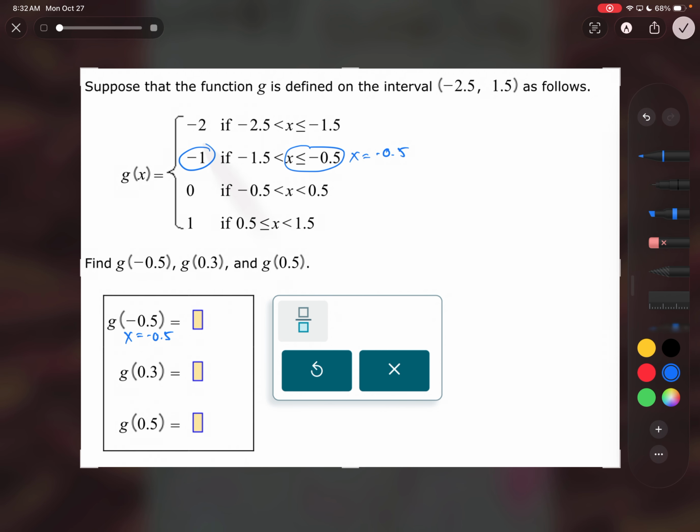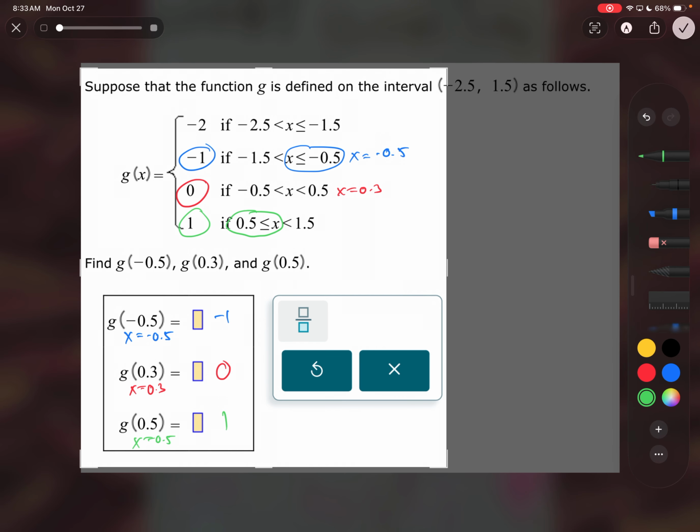So my answer is just -1. This one, x equals 0.3. That would be this one right here. So my answer is 0. This one is 0.5. So that looks like this right here, right? x equals 0.5. So my answer is 1. Okay. You've got to figure out which one to plug it into based on those constraints, and then you get your answer there.